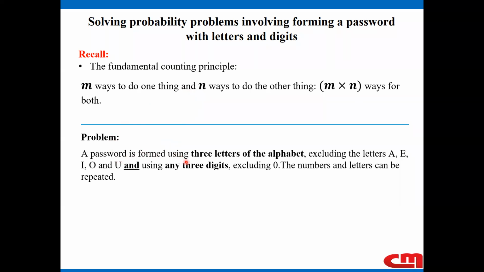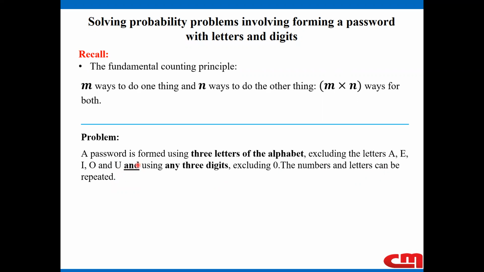A password is formed using 3 letters of the alphabet, excluding the letters A, E, I, O, and U, and using any 3 digits, excluding 0. The numbers and letters can be repeated.